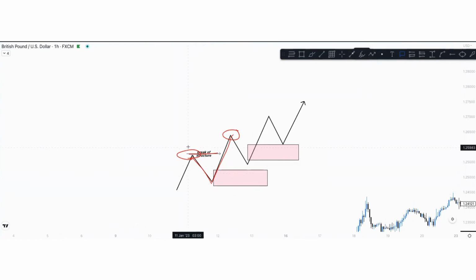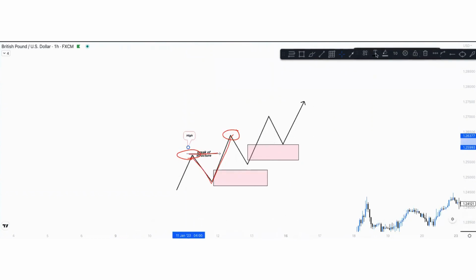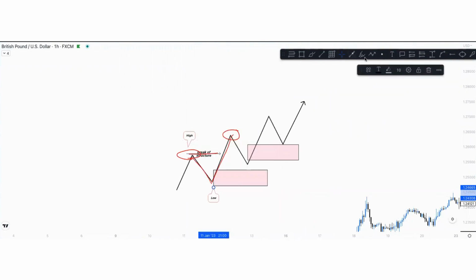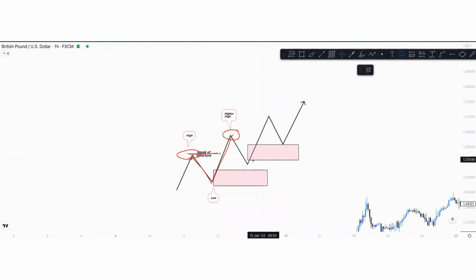So this is high, low, higher high, and higher low.